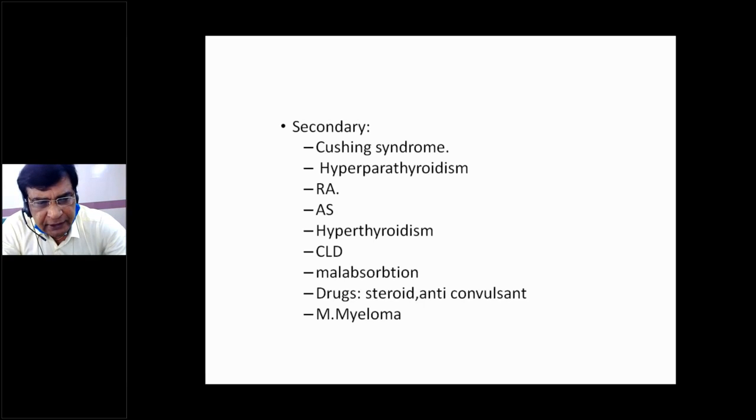And among the connective tissue diseases, rheumatoid arthritis and ankylosing spondylitis. Among the GI tract diseases, malabsorption and CLD. Among the drugs, the steroid and anticonvulsant. And among the blood diseases, it is multiple myeloma.